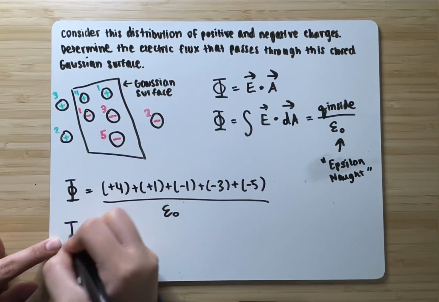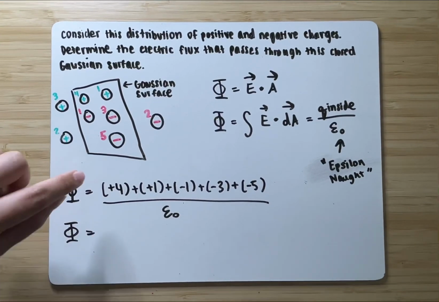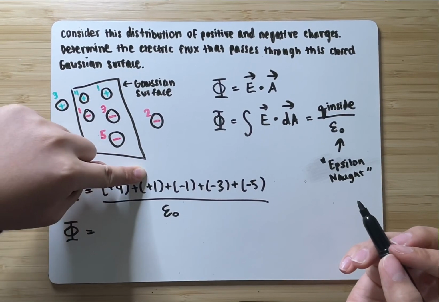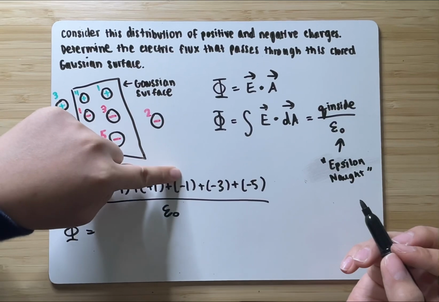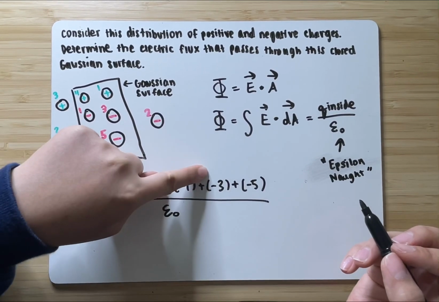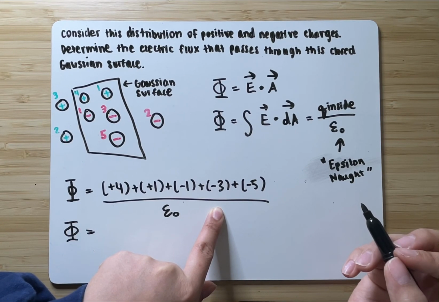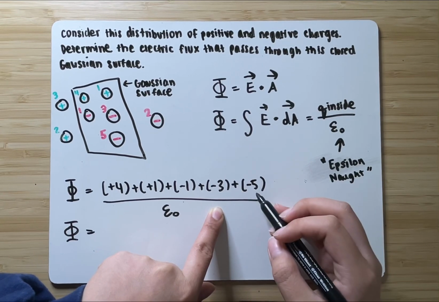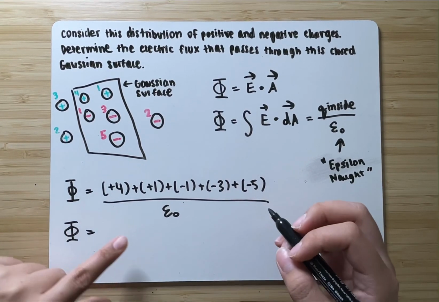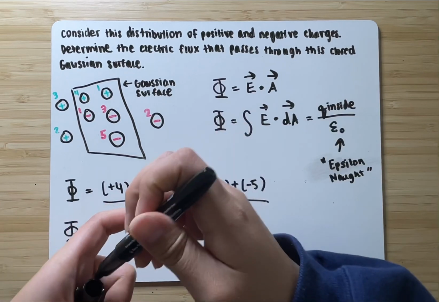So now, 4 plus 1 is 5, minus 1 is 4, minus 3 is positive 1. Positive 1 minus 5 is a negative 4 over epsilon naught, okay?